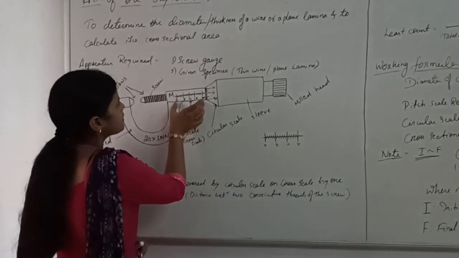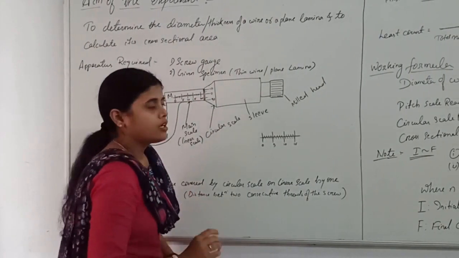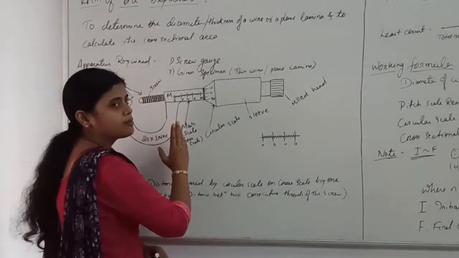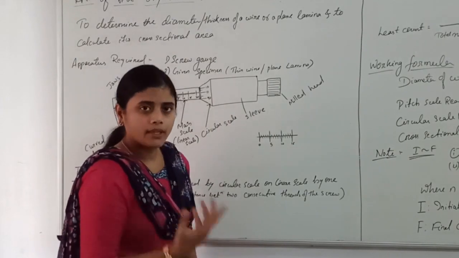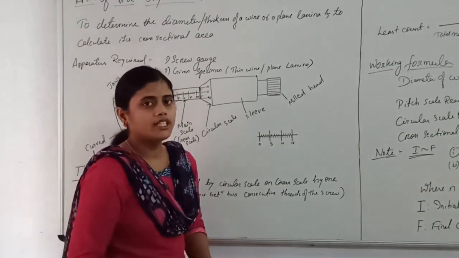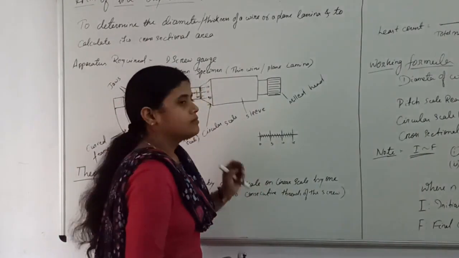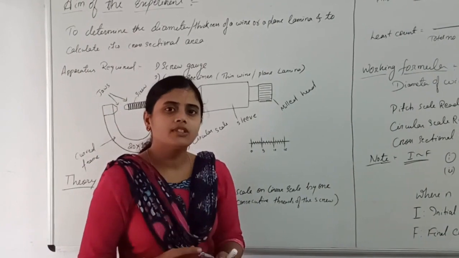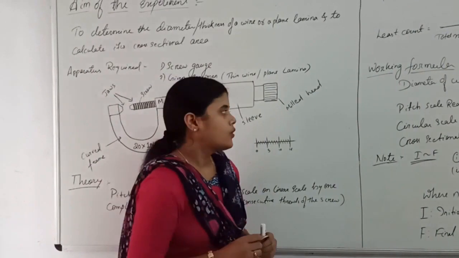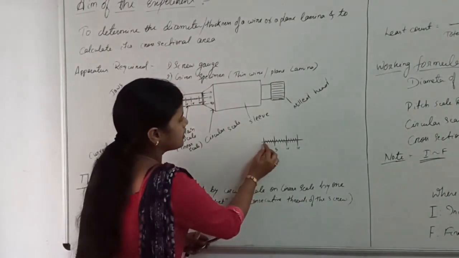Up to 2 centimeter this main scale can measure at most; less than 2 centimeter it can measure, but more than 2 centimeter it cannot measure. That's why from the beginning I told you that this instrument is used for precise measurement of small objects.